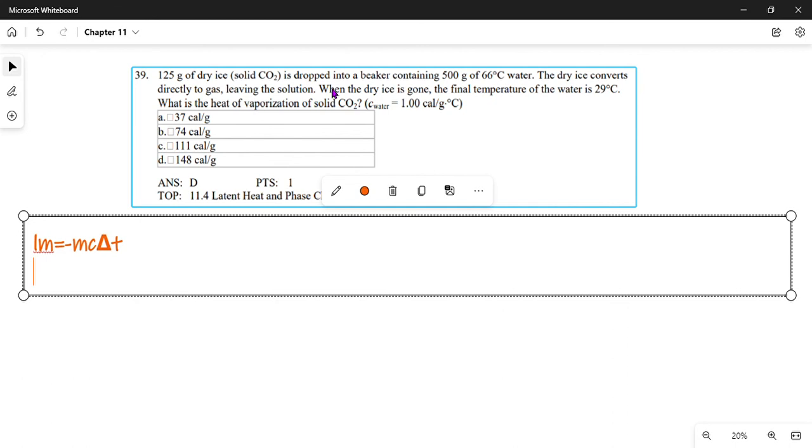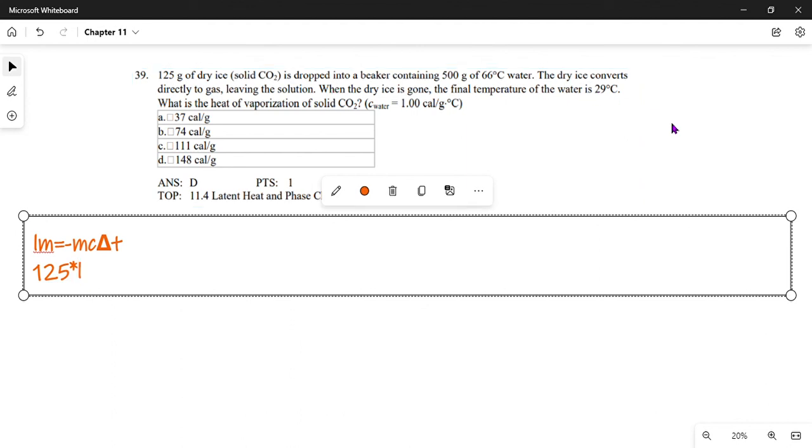Let us substitute. The mass of the ice is 125 gram, times the heat of vaporization L, equals negative m, the mass of the water, which is 500, times the specific heat capacity of the water, times the change in temperature, which is 29 minus 66.